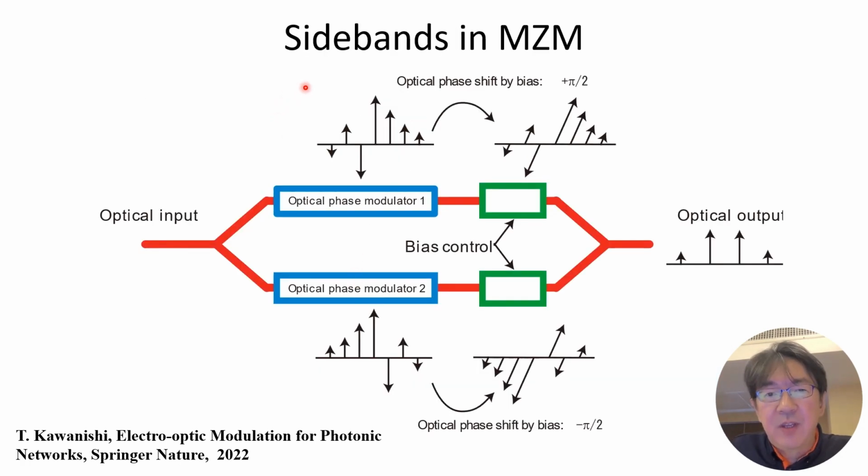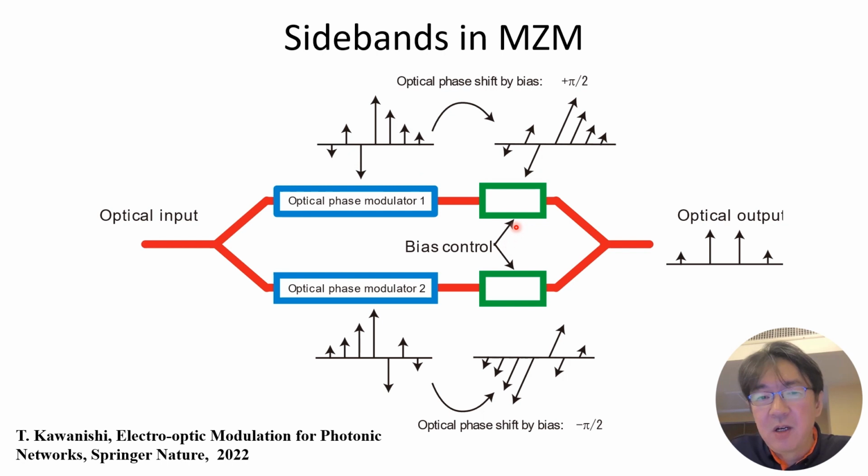Okay, now this shows an example of sidebands in a Mach-Zehnder modulator described by the Bessel functions. As I mentioned, the optical phase modulator would generate many sidebands, as you can see here. Here's another phase modulator, but here the phase shift is plus and the phase shift is minus, so there is some difference in the sideband component.